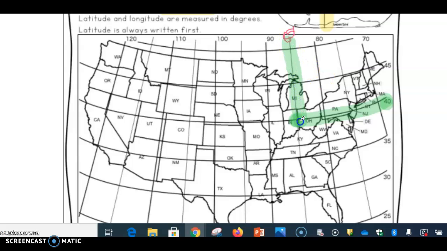So Indiana, actually I'll use yellow. Indiana is about 85 degrees south. Sorry, 85 degrees east and 40 degrees north.